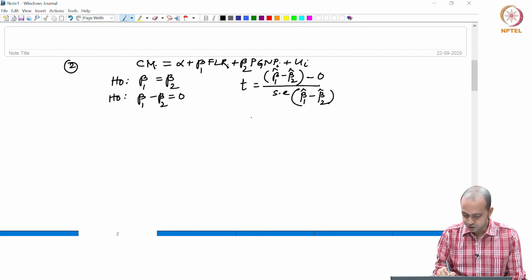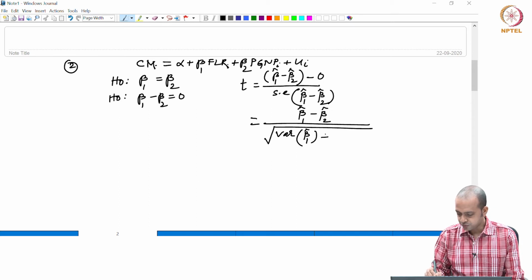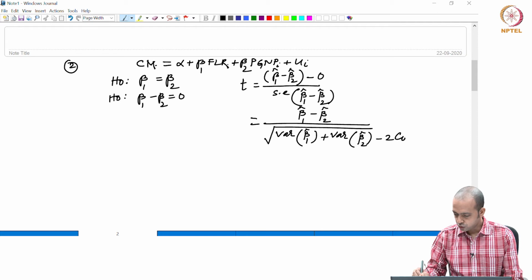So, that means this can be written as beta 1 hat minus beta 2 hat divided by the square root of variance of beta 1 hat plus variance of beta 2 hat minus 2 into covariance of beta 1 hat, beta 2 hat.